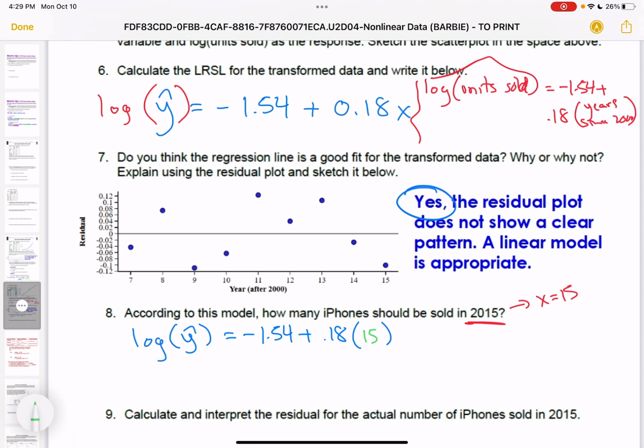When we do that, you have to be very careful because now we're going to have log of y hat equals, if you simplify this, 1.16. And a lot of people will think, well, then that's my answer, 1.16.